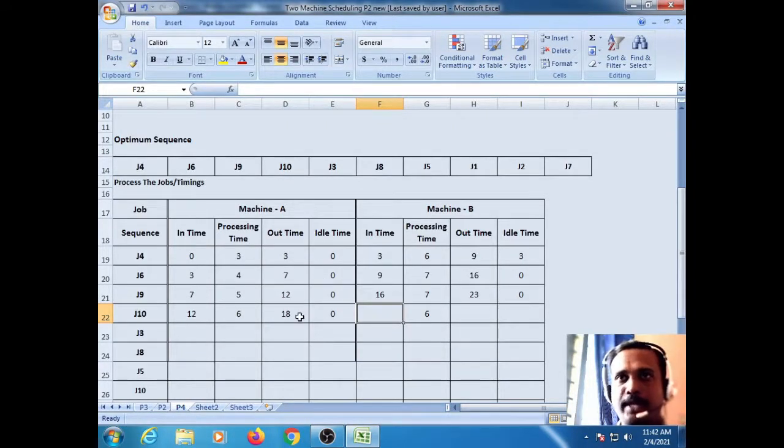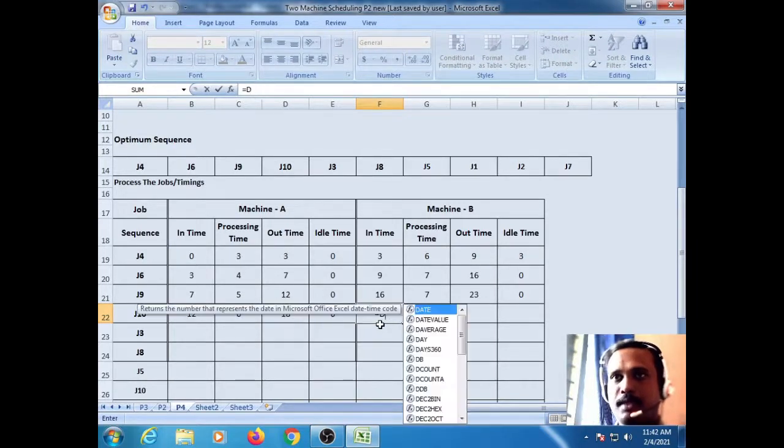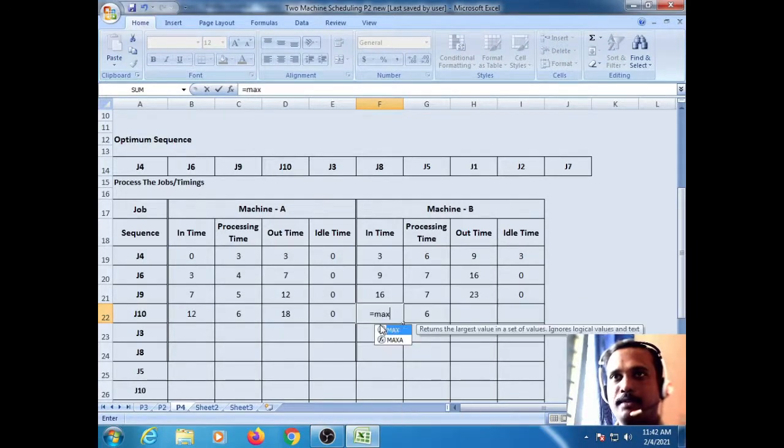Okay, so at 18th hour the job is ready, but at 18th hour the machine B is processing the previous job, so it is unable to process another job. It only processes a single job at once. Okay, so that's why here we have to compare this 18 and this 23.